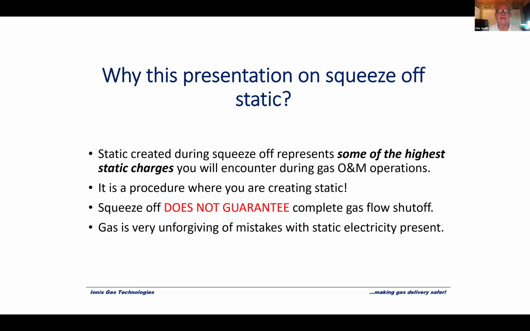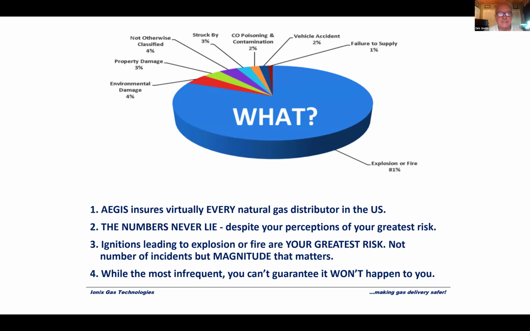It's a procedure that creates static, and then you're putting people in proximity, you're cutting in the pipe, and like James said, squeeze-off doesn't guarantee complete gas flow cutoff. And so you have a gaseous mixture, you have people in the trenches, and gas is very unforgiving of mistakes when static electricity is present. So because of that, that's why we paired together to do this presentation.